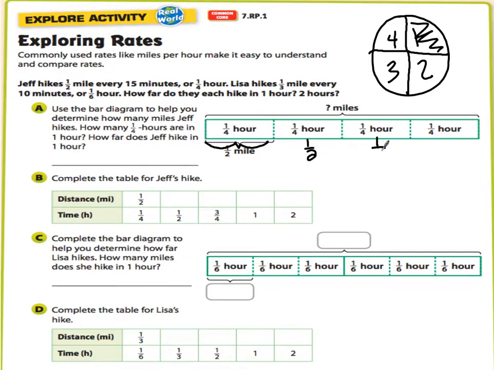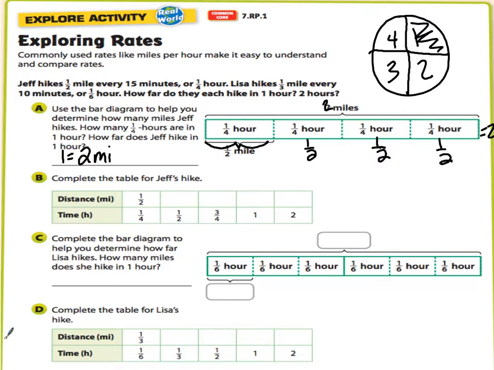So here's another half, here's another half, and here's another half. Half plus half is 1, plus half is 1.5, plus another half is 2. So in total, this would be 2 miles. So in 1 hour, he would hike 2 miles.